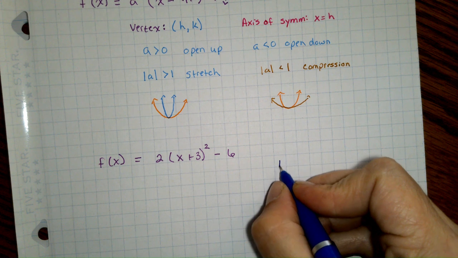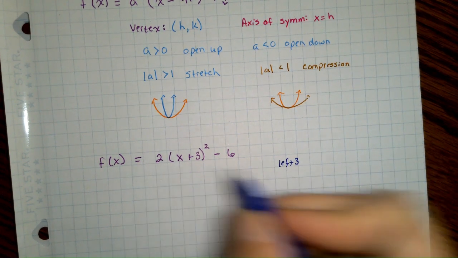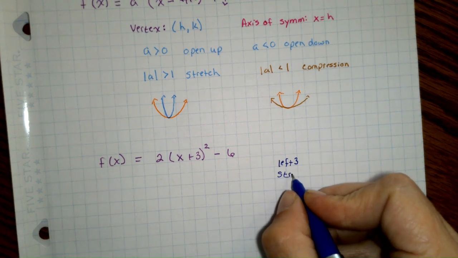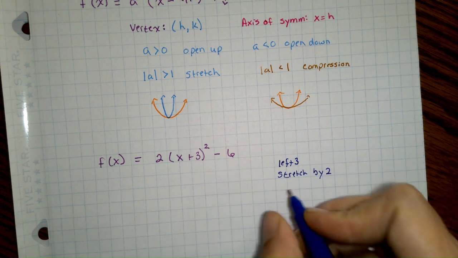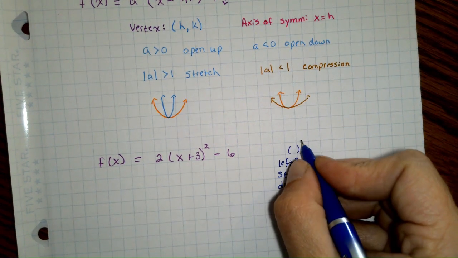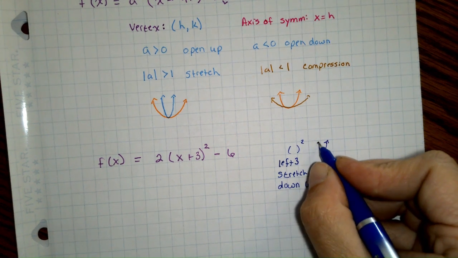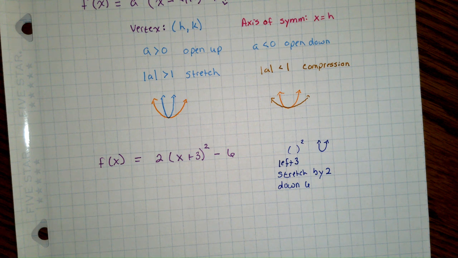Inside, that would be a left 3. The A value out front is 2, so stretch by 2. And then the minus 6 is down 6. And because it's something squared, it makes a parabola, and that's our parent function. So this graph is going to be a parabola because its parent is a parabola.